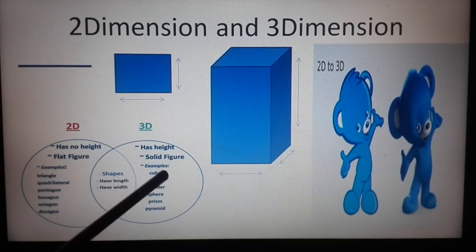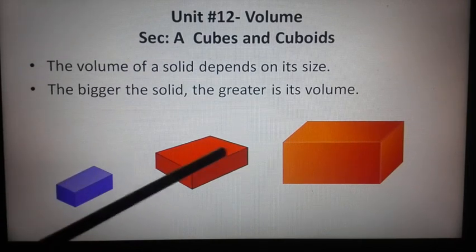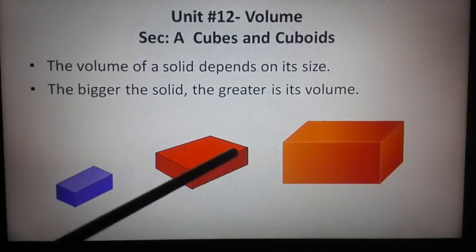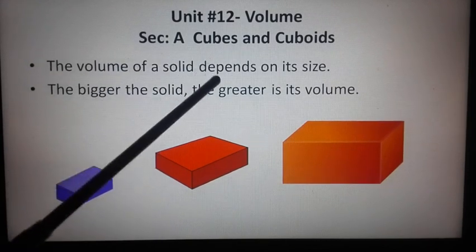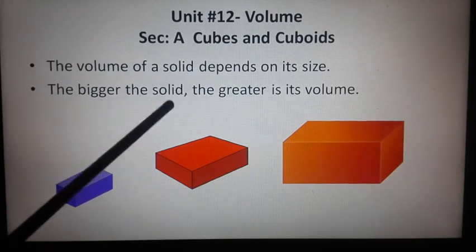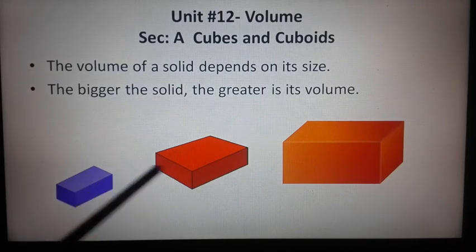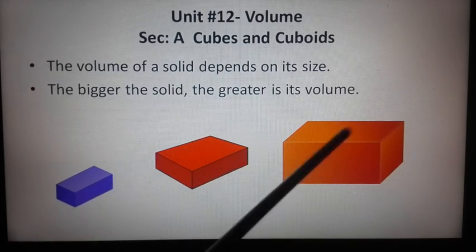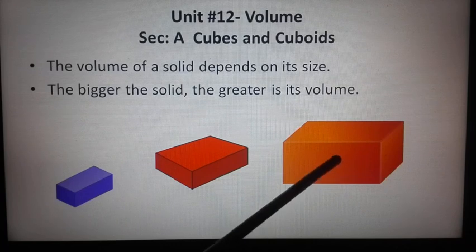Now we will move to the volume and how it is connected with size. The volume of a solid depends on its size. So the bigger the solid, the greater its volume. Can you see the 3 solids shown here? This solid is much smaller in size compared to these two.